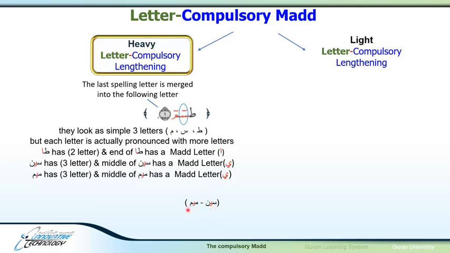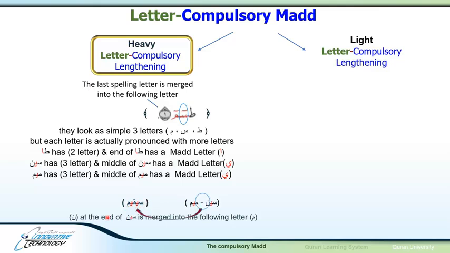But when we pronounce them, the rule applies of the nun sakina, the nun of the sin. The end of the sin has a nun sakina, and that is followed by a mim. Then we will be merging. We will apply idgham. It will be pronounced as sin, mim, not sin, mim, but sin, mim.